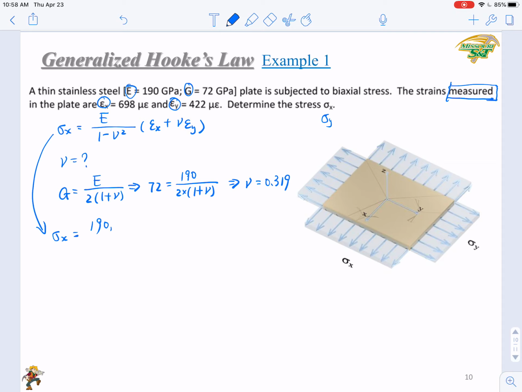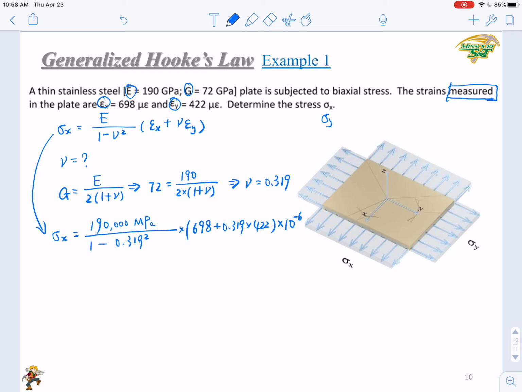Let's convert it into MPa, it's 190,000 MPa, over 1 minus 0.319 squared, times epsilon x, which is 698, plus 0.319 times epsilon y, which is 422, times 10 to the negative 6.